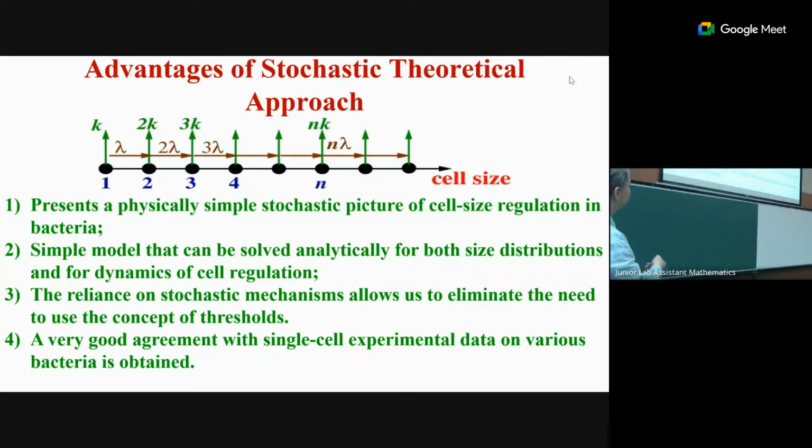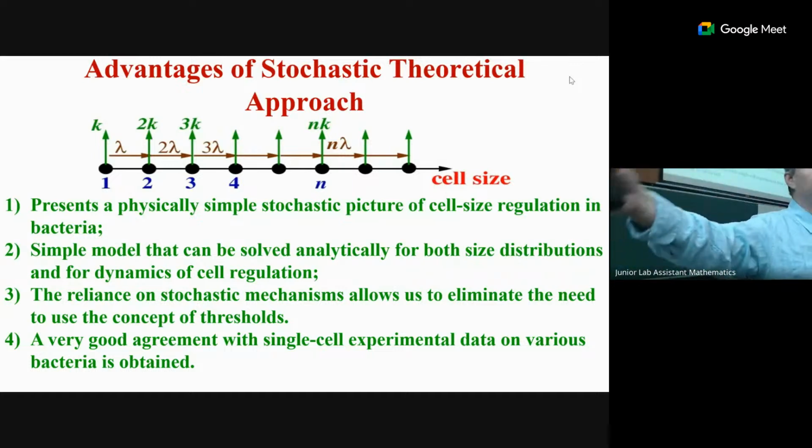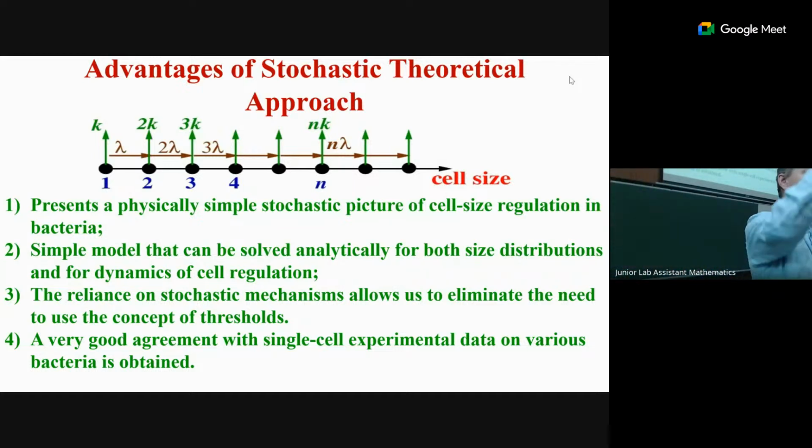But you see, if your cells are too small, the rate of division will be too small, unlikely to see. If your cells are too long, the rate of division will be very high, so you don't see the cells that long anymore. This argument shows that there is some narrow range of sizes at which growth will be bounded by division, and that's what you see, right? Despite the fact that growth is stochastic, division is stochastic.